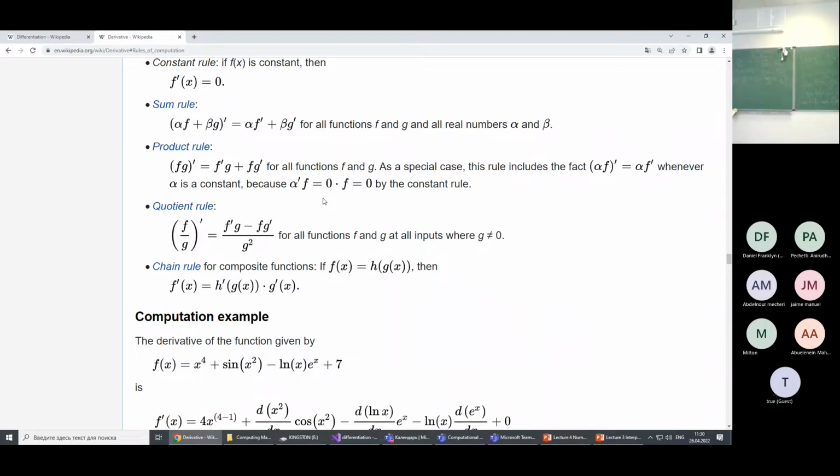P2 prime of x1. So you should substitute x1 instead of x. What happens? X1 minus x1 is 0. X1 minus x2, what is x1 minus x2? It's minus h.